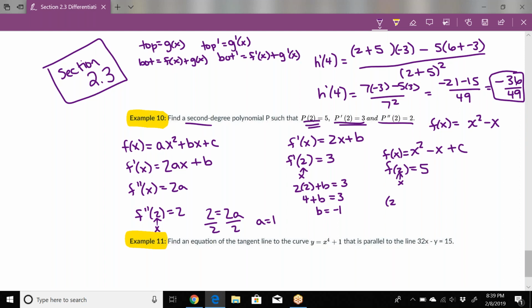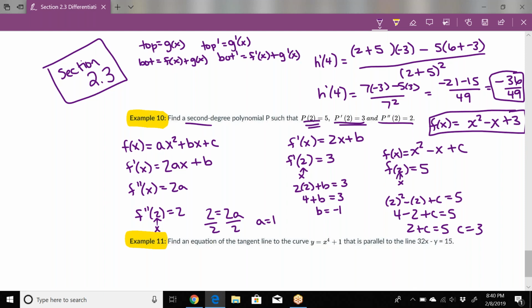So this is 2 squared minus 2 plus c equals 5. So that's 4 minus 2 plus c equals 5. That's 2 plus c equals 5, or c equals 3. So positive 3 is the last part of that function we were looking for. So we should call it p of x for all of these, obviously, since they said to call it p.